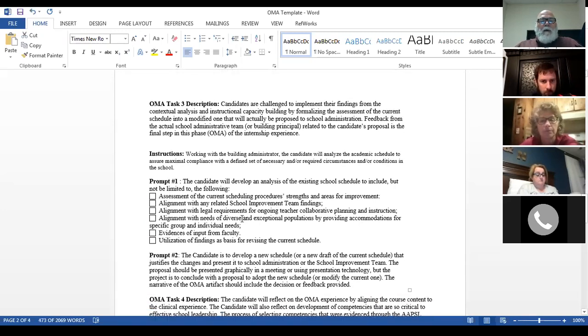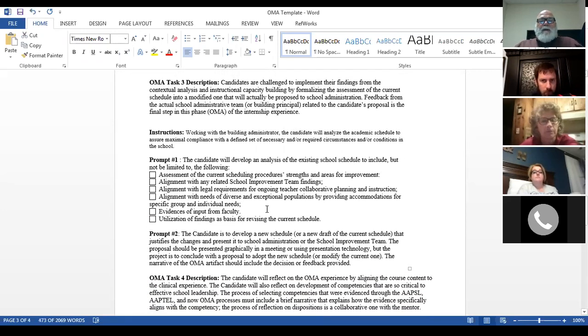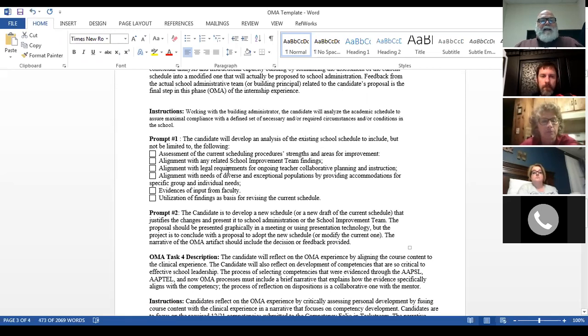All right, prompt 1, develop an analysis of the school schedule to include but not be limited to the following. Assessment of the current scheduling procedure, strengths, and areas. That's what I'm talking about. That's where it all starts.